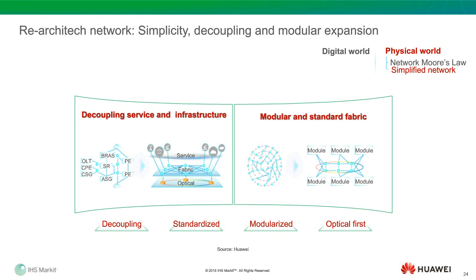So moving forward, to simplify the network and make it more scalable, we do fabric architecture, and we use segment routing or SRv6 plus EVPN. So we get rid of a lot of legacy MPLS protocols, like LDP and RSVP, and simplify protocols. Then we re-architect the network to make it easier to scale. So this is our approach.